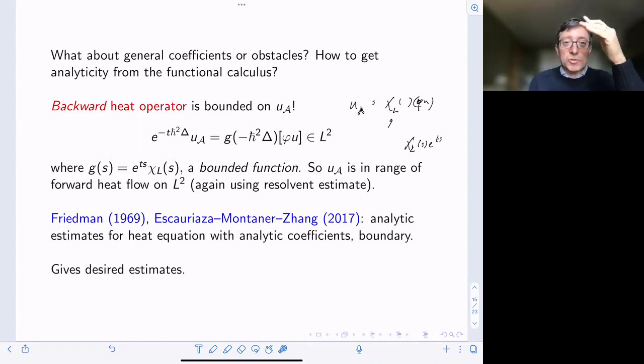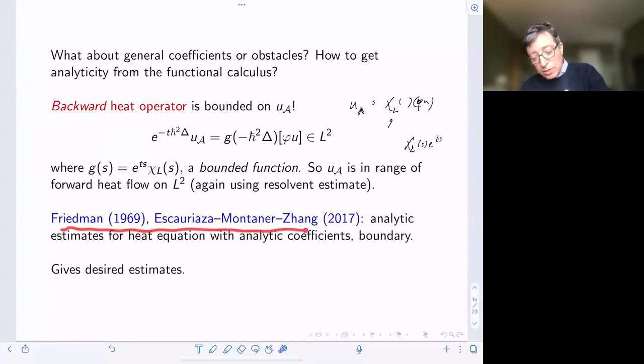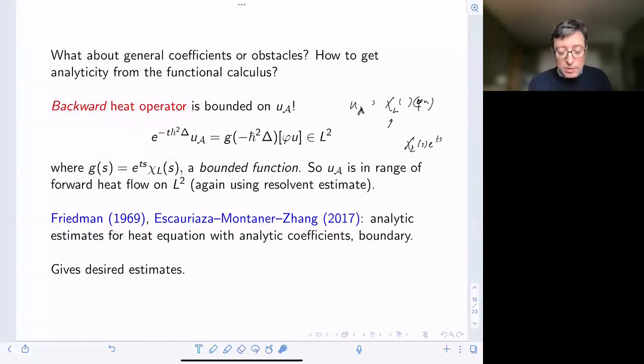So there's a controlled degeneration of the Cauchy estimates as t goes to 0. Fortunately for us, these have been worked out in the heat equation literature by these authors, among others. We get good analytic estimates for u_A based on the fact that it's in the forward range of the heat evolution on L2. And this, I claim, gives the analyticity estimates that we wanted.